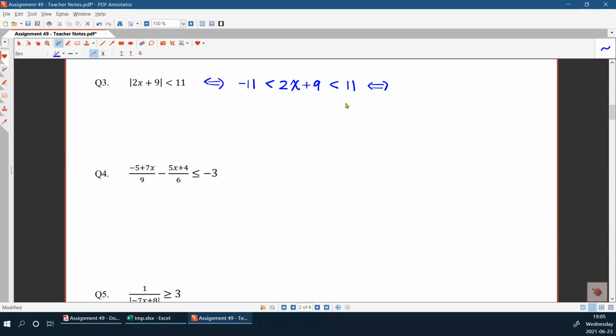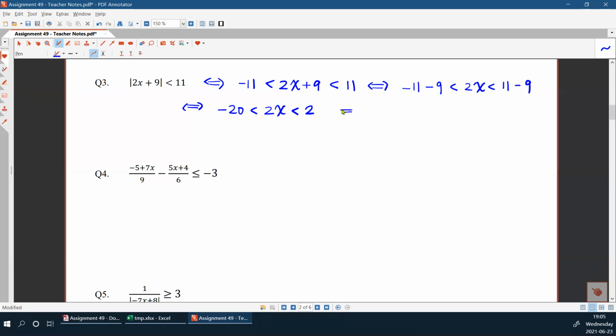Okay, this is equivalent to, you can subtract 9 from both sides, which will give us minus 11 minus 9 less than 2x less than 11 minus 9, which is equivalent to minus 20 less than 2x less than 2, right?